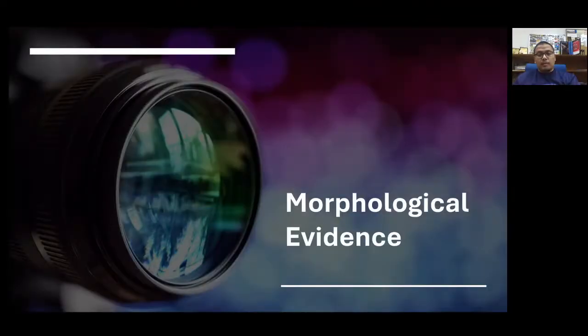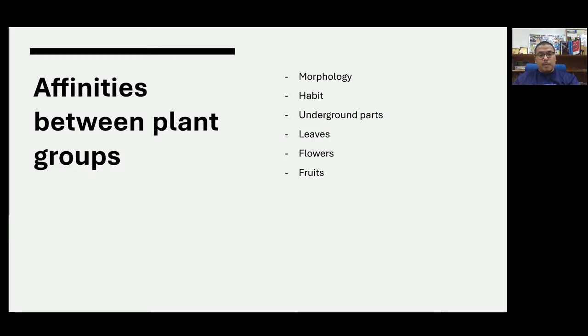Okay, first, we talk about morphological evidence. We already discussed this morphological evidence, especially on various descriptive terminologies for different structures of plants in previous classes. So basically, morphology has been the major criterion for classification over the last many centuries, even nowadays.